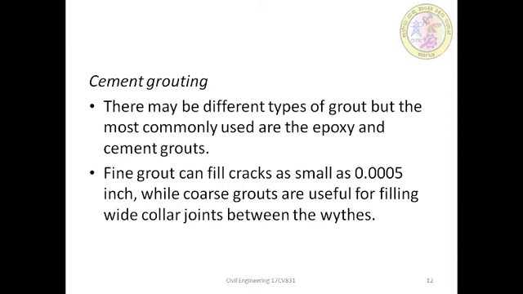The selection of grout depends on the desired strength, bonding properties, and the size of the crack network or wall system. Fine grout can fill cracks as small as a very micro level, while coarse grouts are useful for filling the wide collar joints between the wythes.